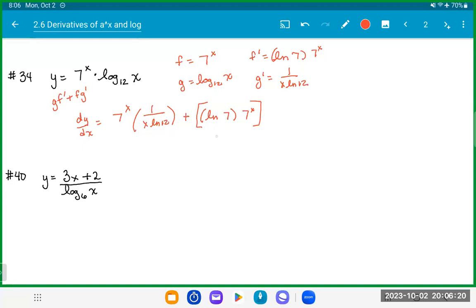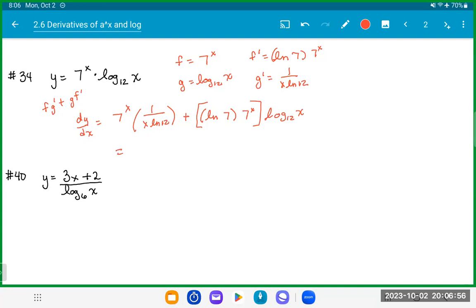And this is that times our log base 12 of x. Okay, but it's multiplication and it doesn't change the answer.